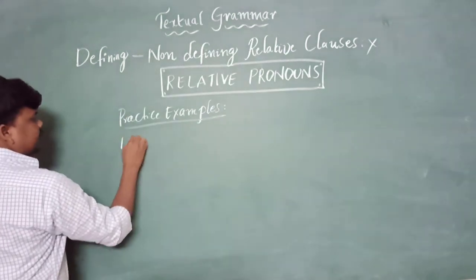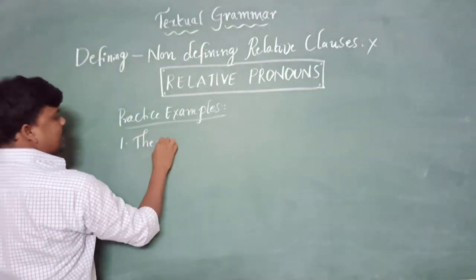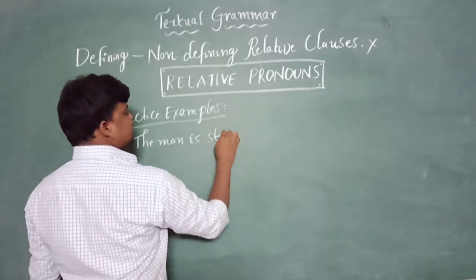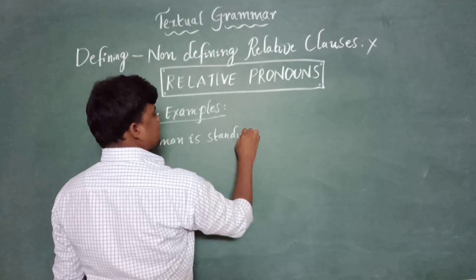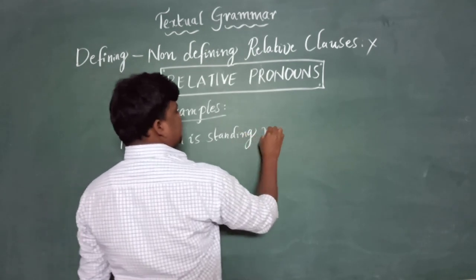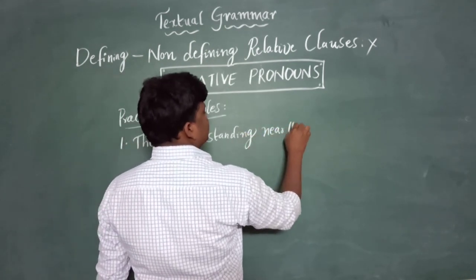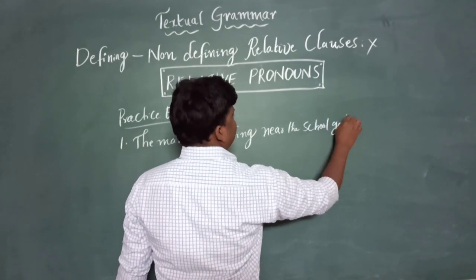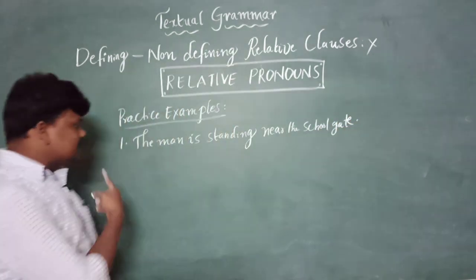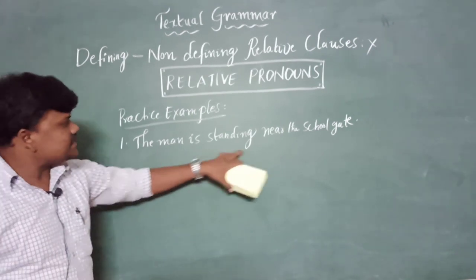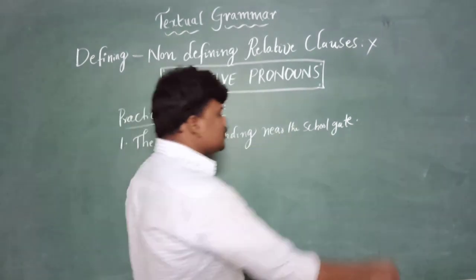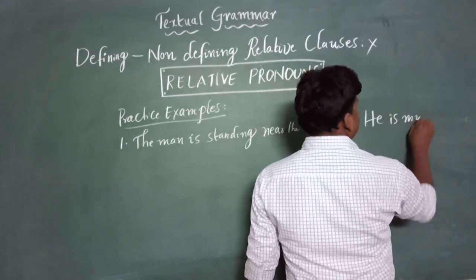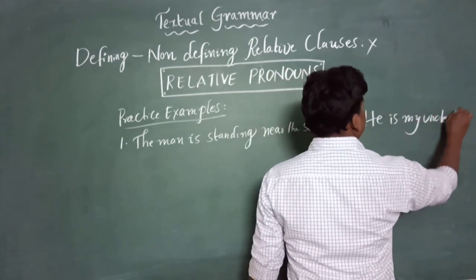So look carefully. The man is standing near the school gate, full stop. This is one sentence. The man is standing near the school gate, full stop. He is my uncle.